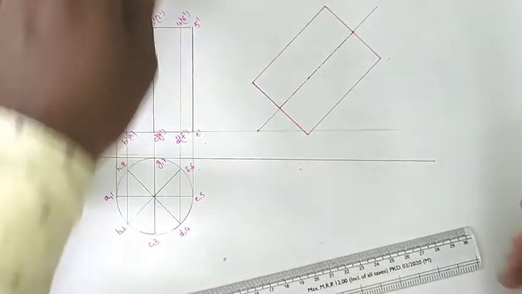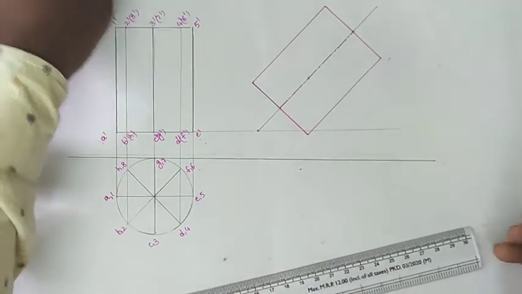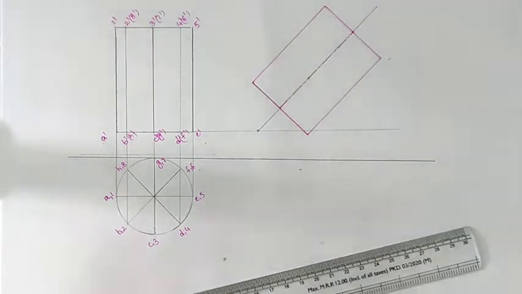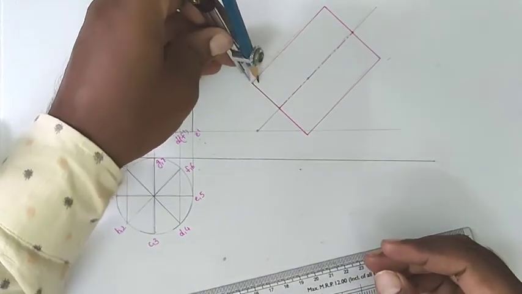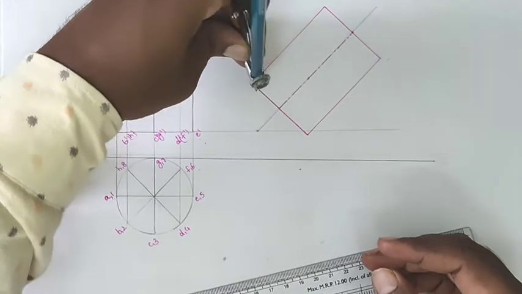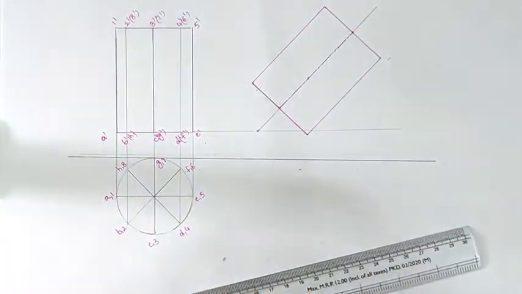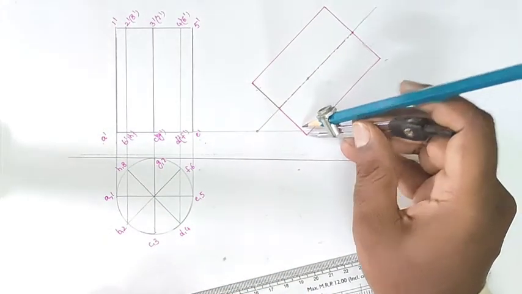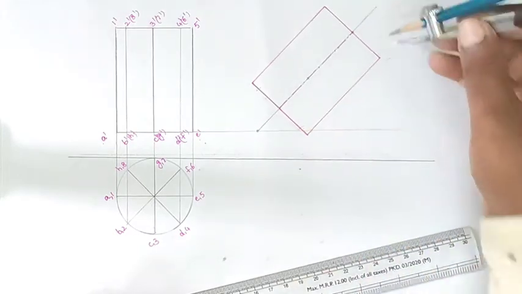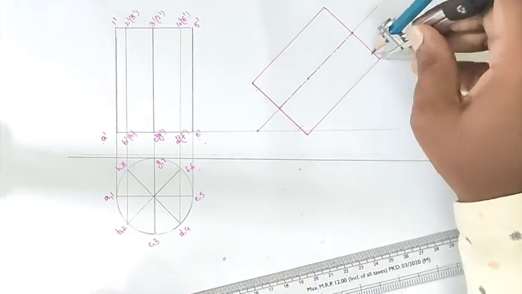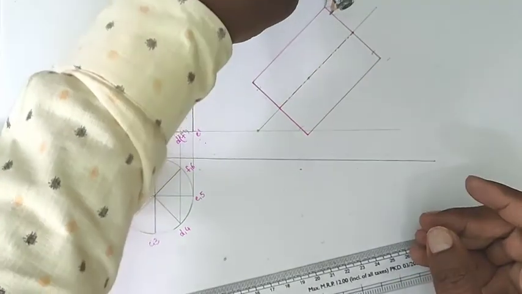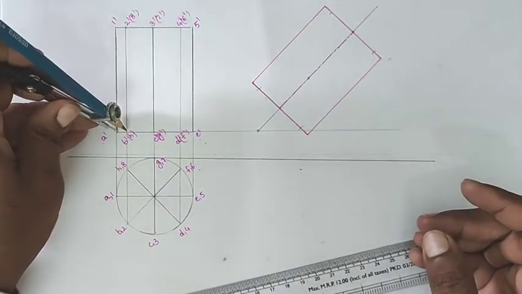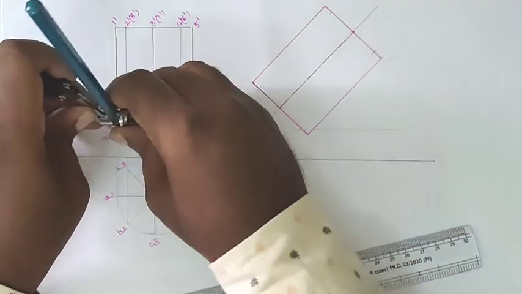Now you can measure the distance from point to point. I am measuring the distance from A dash to B dash, and with this distance I am locating B dash here. Similarly, E dash to D dash with the distance, and here also with the same distance we will draw the arc. Now we can measure the distance.